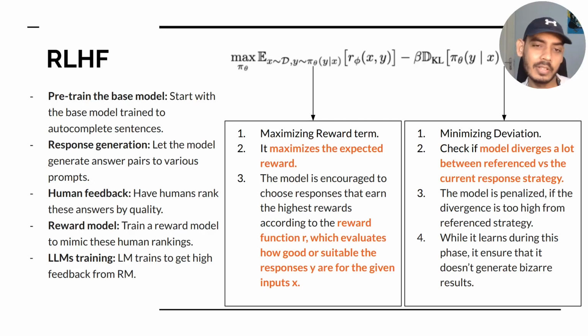Here, reference strategy means the reference response that we expect for a specific prompt. While it is learning during this phase, it also ensures that it doesn't generate bizarre results, and that the response generated by the LLM is not inappropriate or violating certain content guidelines.